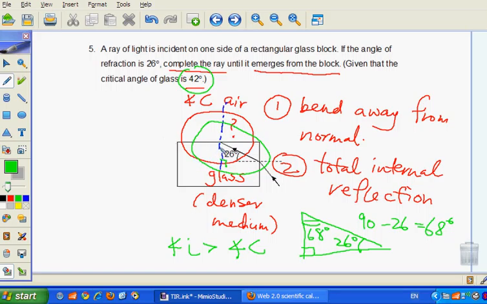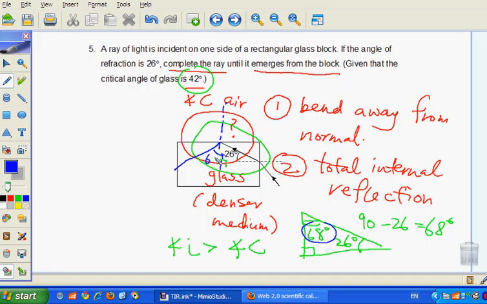But how do we decide how much it bends? Total internal refraction tells us that the angle of incidence will be equal to the angle of reflection. So I will draw the ray such that this portion to the normal will be exactly 26 degrees, because angle of incidence, no, it's supposed to be 68, sorry, not 26, 68.